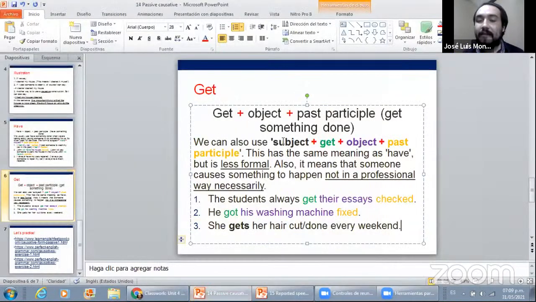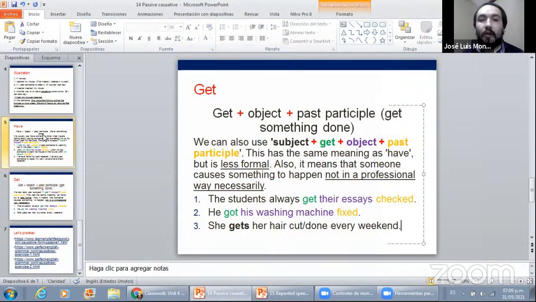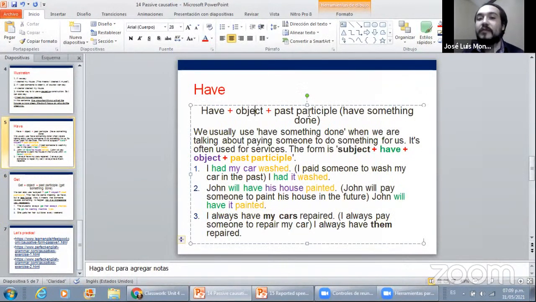But the idea behind this is the following, as I told you. Someone else is doing that action for you, and you have to use the structure: get plus object plus past participle, or have plus object plus past participle. The idea again is that someone else is doing that action for you.